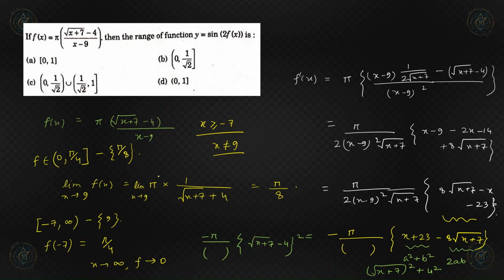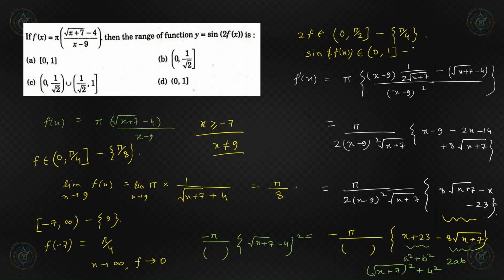That means 2f will belong to what? 2f will belong to the range open 0 to pi by 2, closed, except the point pi by 4, right? So we must have sine of 2f(x) belonging to the interval 0 to 1, except the value at 2f(x) equal to pi by 4.